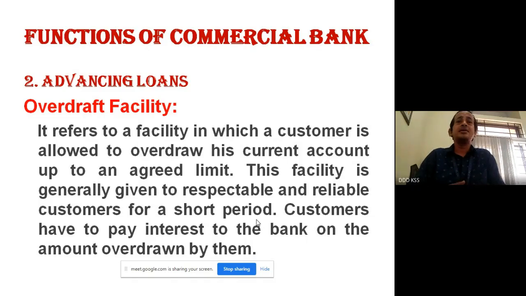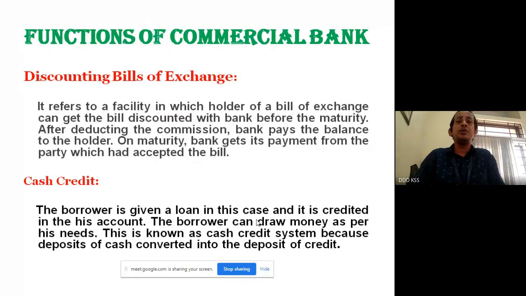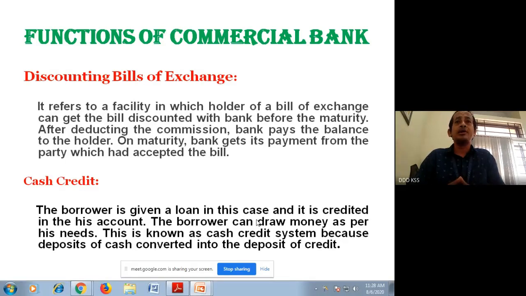Then next, also within the advancing loan category, is discounting bills of exchange. Discounting bills of exchange refers to a facility in which the holder of a bill of exchange can get the bill discounted with the bank before maturity. After deducting the commission, the bank pays the balance to the holder.